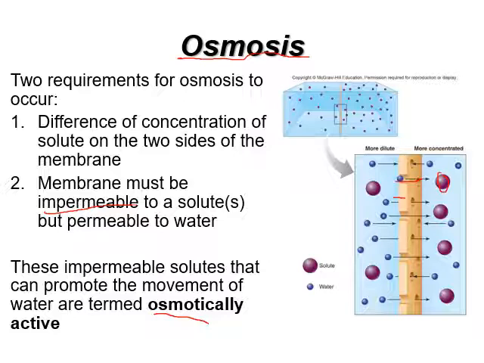So you got to think of it almost in reverse. More solutes means less water. Okay, so solutes will move from high to low, but in this case, water is actually going to move from the low solute concentration to the area of higher solute concentration. But the importance is also you have to take into account the solutes. The solutes must be impermeable.